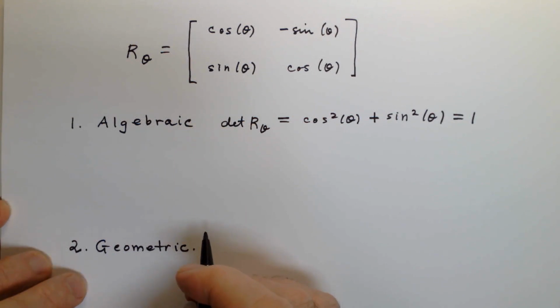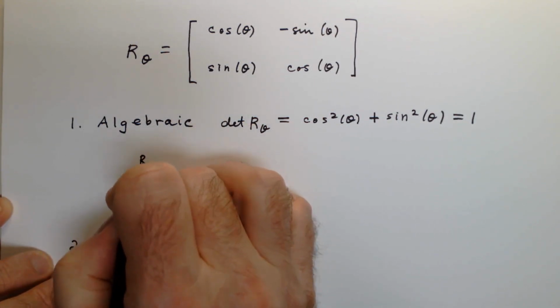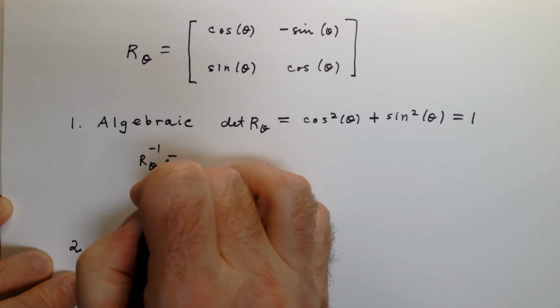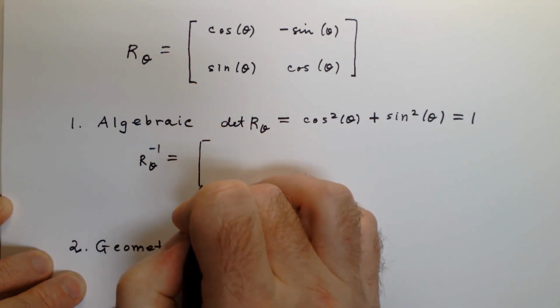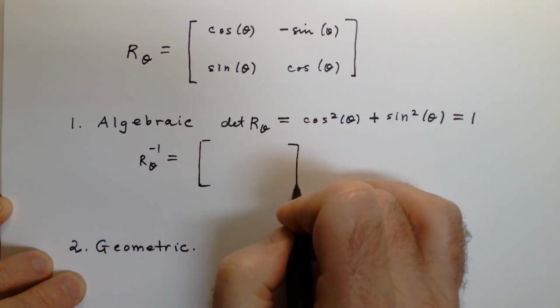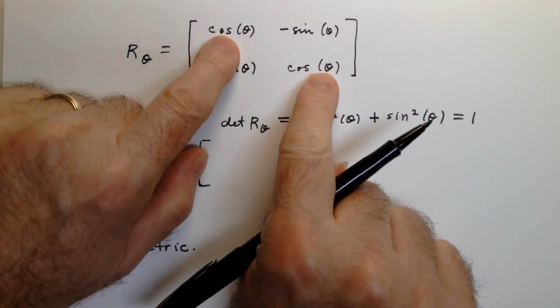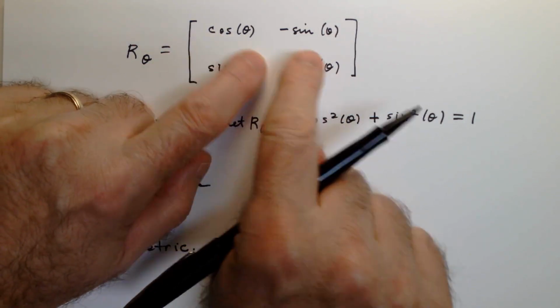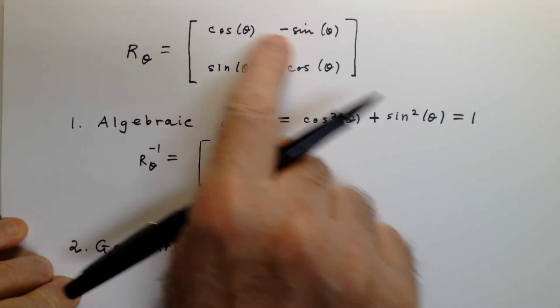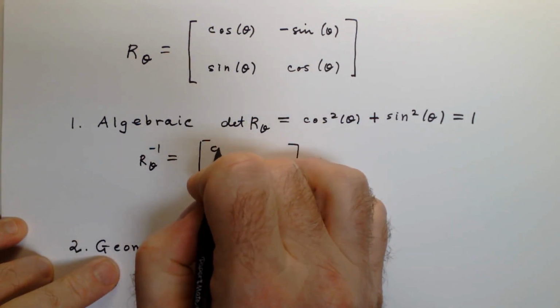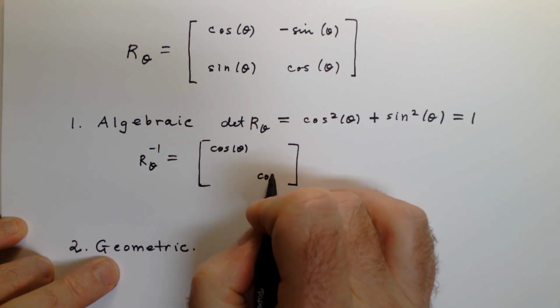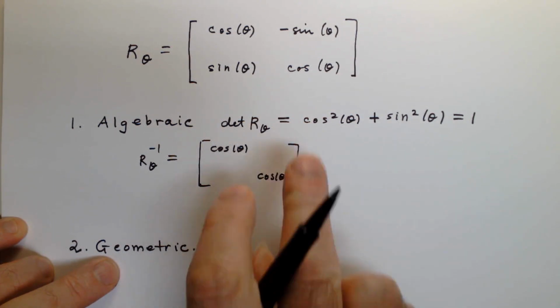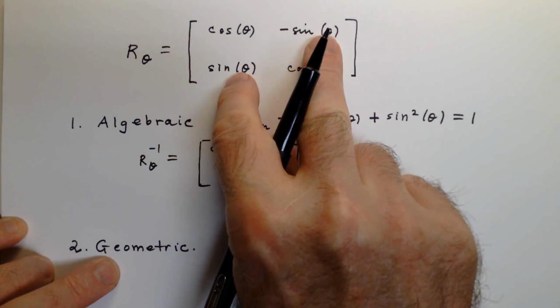All right, so the inverse of this matrix is going to be 1 over the determinant, 1 over 1. Now I take the two entries in these diagonal positions and I switch them. In this case, since they're both equal to cosine of theta, that will have no effect. And then I change the signs in these off-diagonal positions.